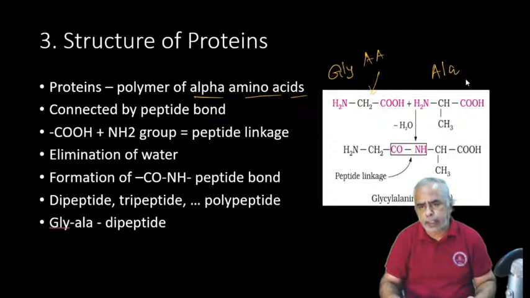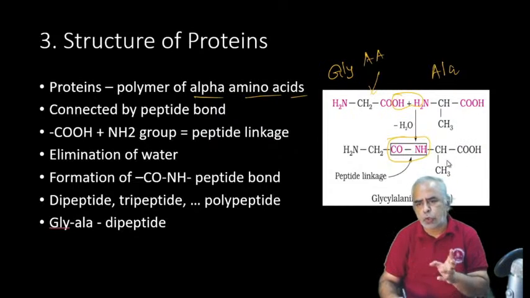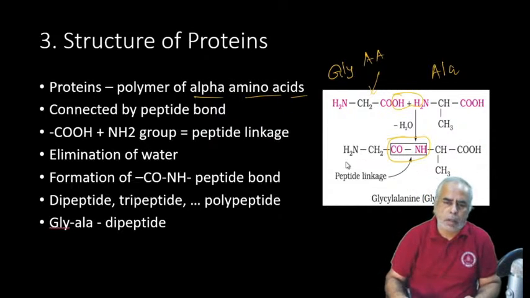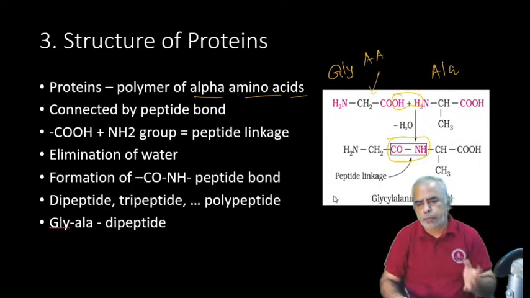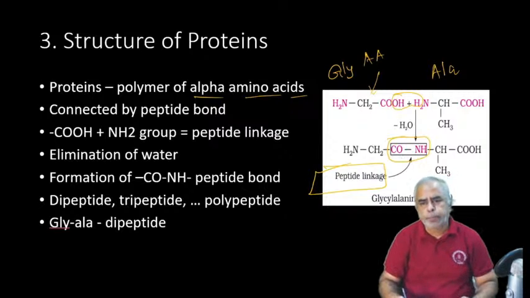They can combine together to undergo a condensation, that is, there will be a removal of water, that is OH and H will be removed, so that you are able to get this CONH bond, that is the linkage between the two amino acids. It can be of same type or different type. So this is called peptide linkage or peptide bond.